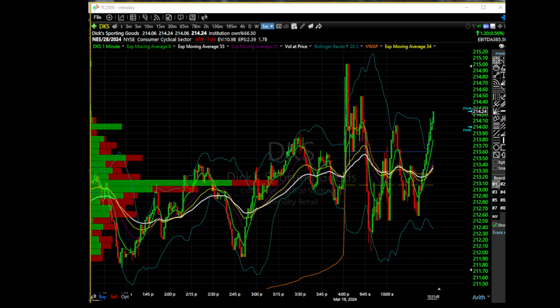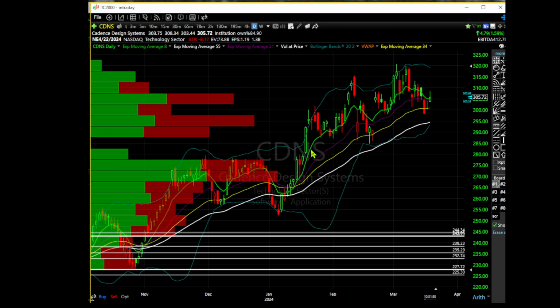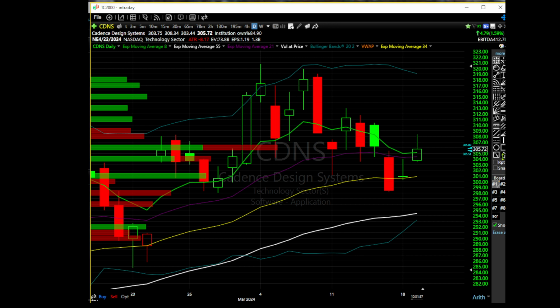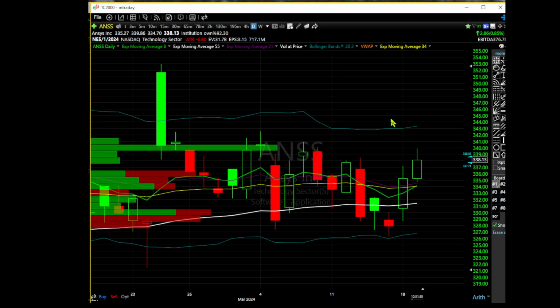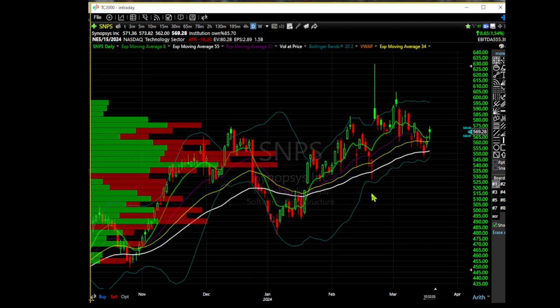One that I would like to buy are these three that they talked about yesterday in the Nvidia presentation. We just have to wait for a proper setup.